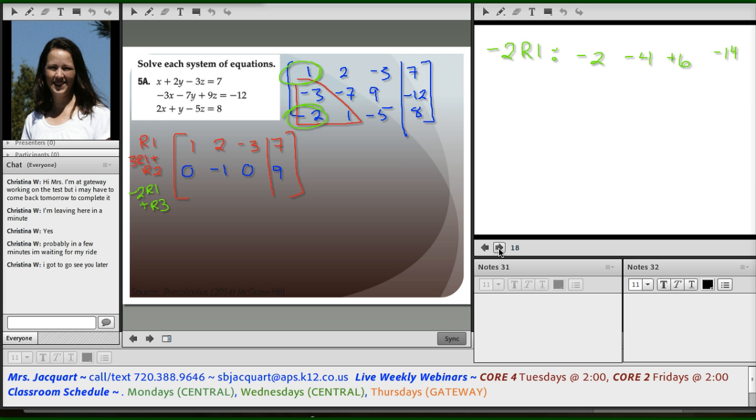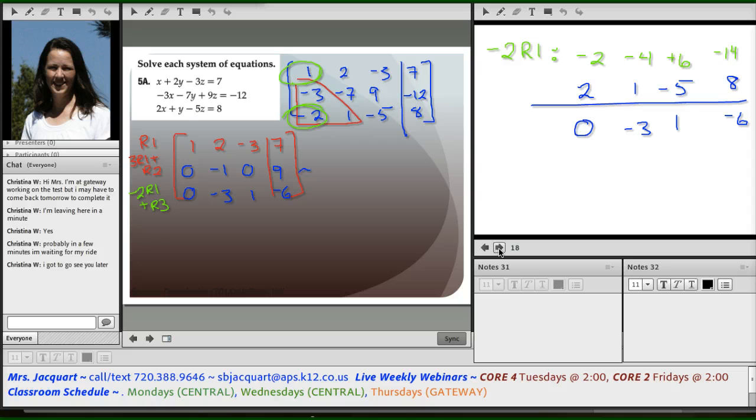And then row 3 is 2, 1, -5, 8. So we get 0, -3, 1, and -6. Did I do that right? This is hard to do online, by the way. It's better to do in the classroom because then you guys can tell me where I screwed up.